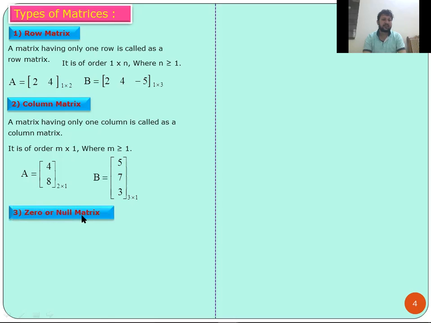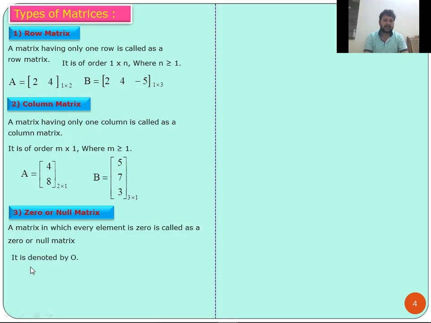Next, continue with type 0 matrix, that is also known as null matrix. Simple thing, 0 matrix, all elements of matrix are 0. Whatever be its order, all elements compulsory 0. Check.